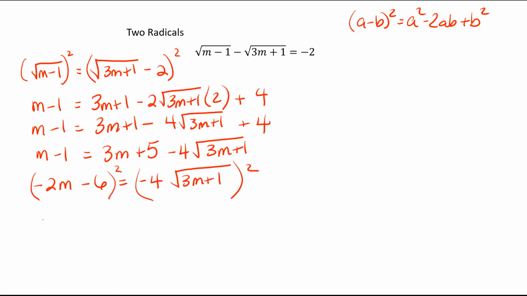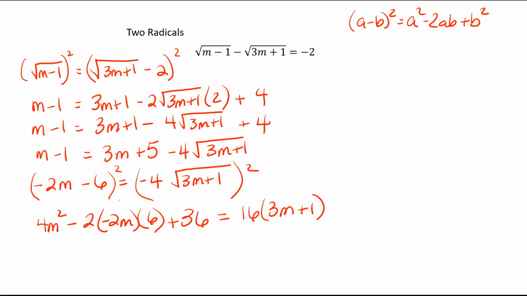So you've got a squared, so 4m squared minus 2ab plus b squared, so 36, equals 16 times 3m plus 1.